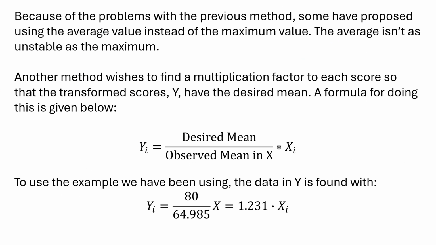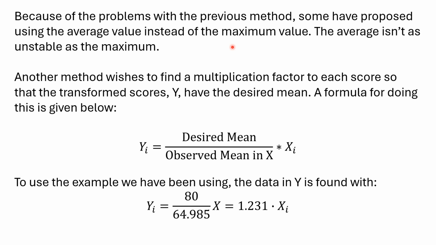Because of the problems of the previous method, some people have proposed using an average value instead of the maximum value. The average isn't as unstable as the maximum, and doesn't depend on the sample size. As a matter of fact, as the sample size grows larger, using the average value may improve your methodology if you're using the boosting method.